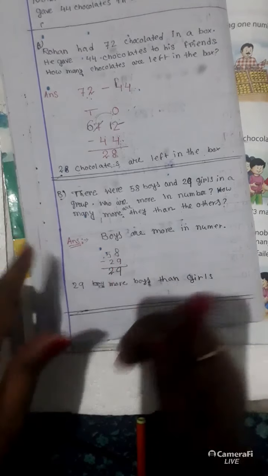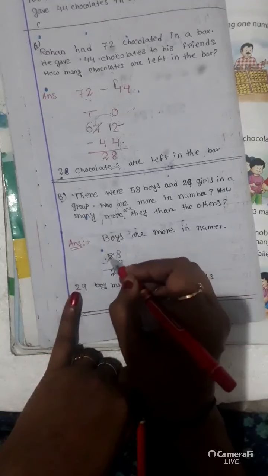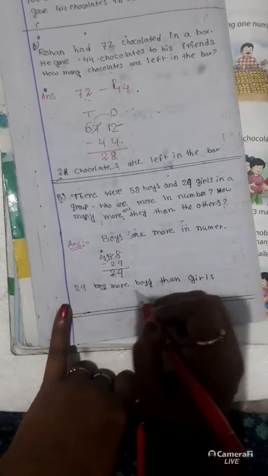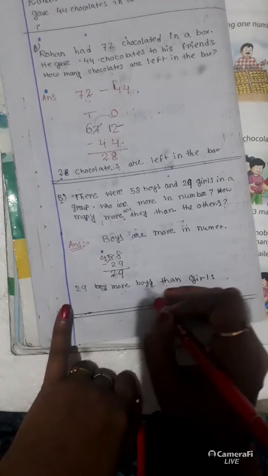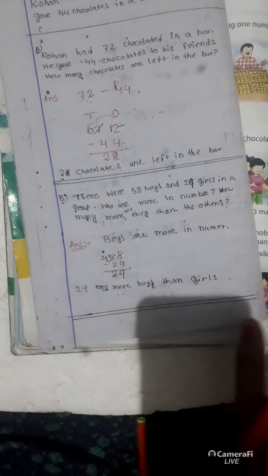And as you know, if I take 1 ten from here, there will be 4. 4 minus 2 is 2. So 29 more boys are there than girls, right?